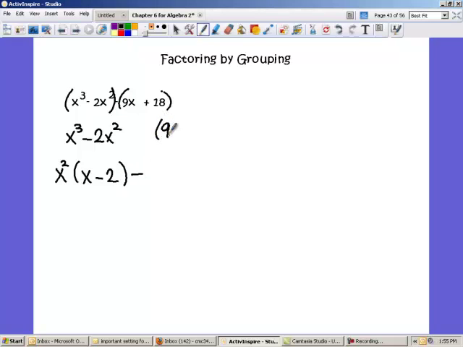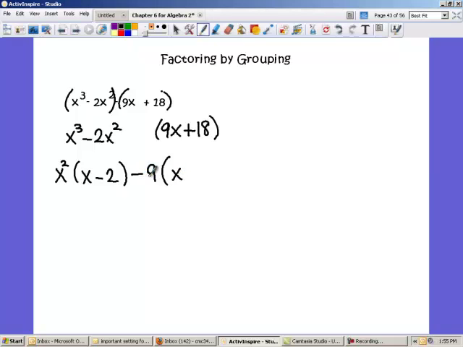So now we have 9x plus 18, and we need to factor that. They really don't have a common x, so what we're going to do is pull out what common number they share as a multiple. So 9 goes into 18, so I'm going to pull out a 9. And what would go next would be x.